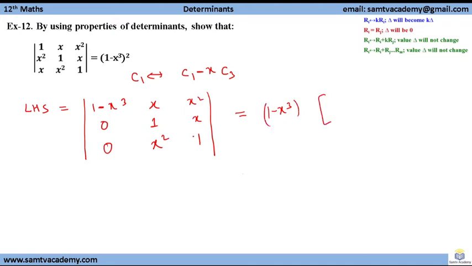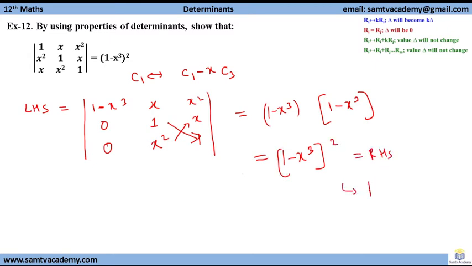We are left with 1 minus x square. So 1 minus x, this one 1 minus x this, so x cube. So the answer will be (1 minus x cube) whole squared. So it is equal to the right hand side.